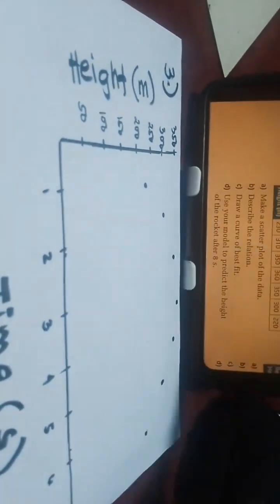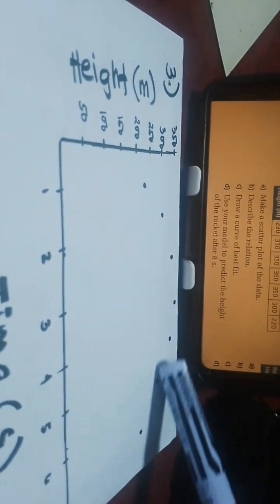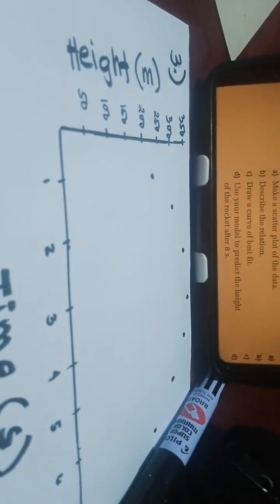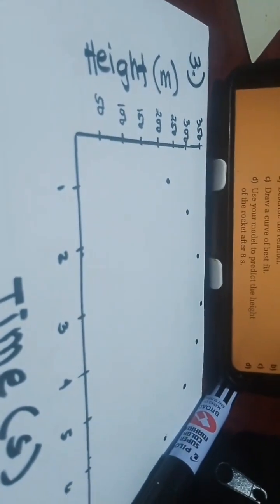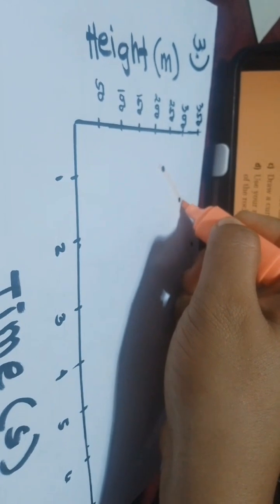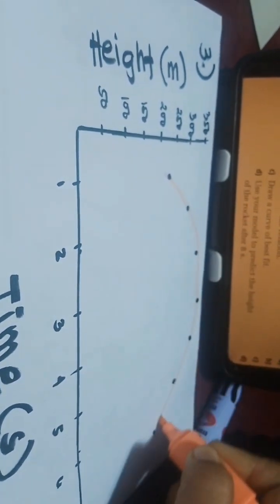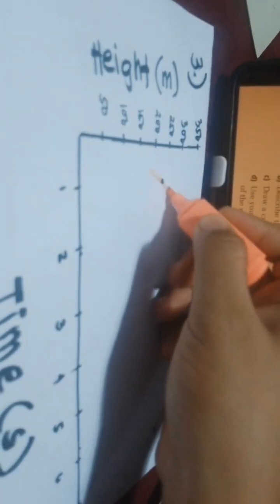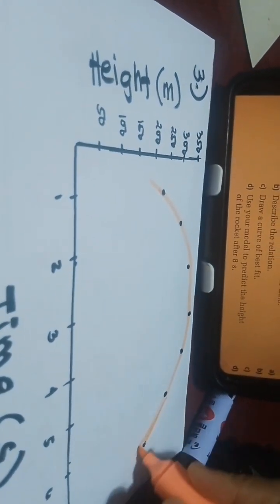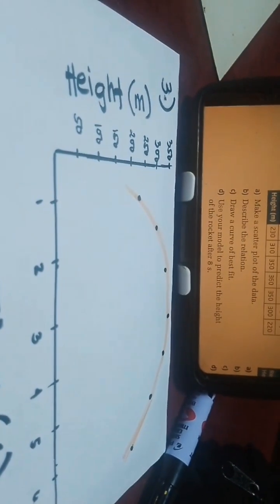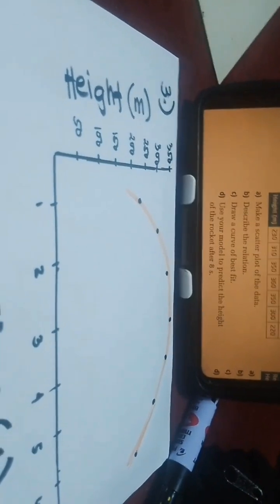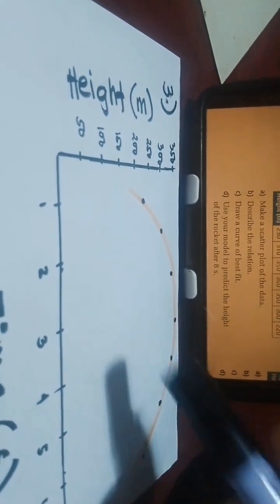It forms a curved line, so I'm going to draw it here.